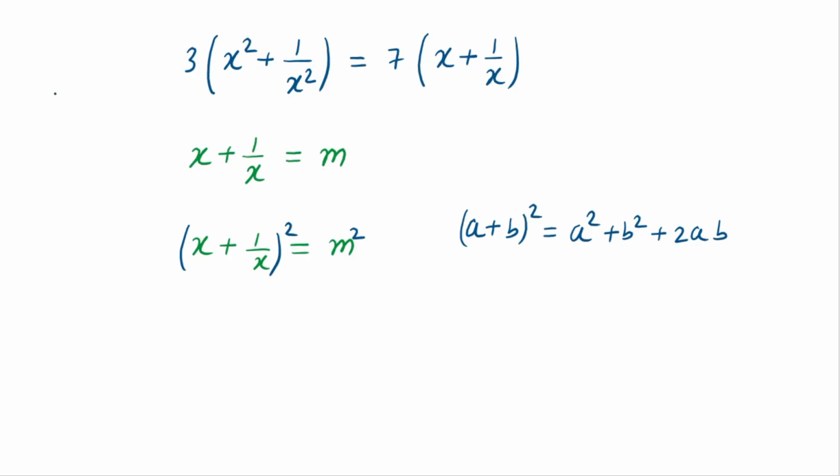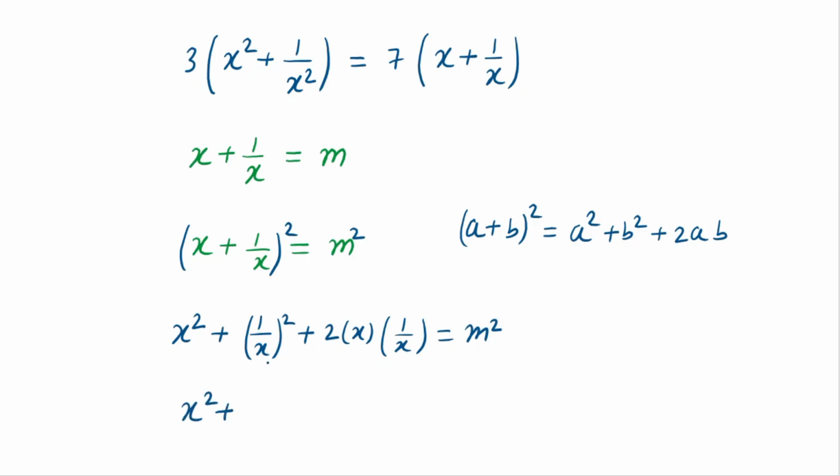So this left hand side is x^2 plus (1 over x)^2 plus 2 times x times 1 over x, and this is equal to m^2. Now look carefully at the left hand side, here x^2 plus, and here we will apply the base and exponent rule.